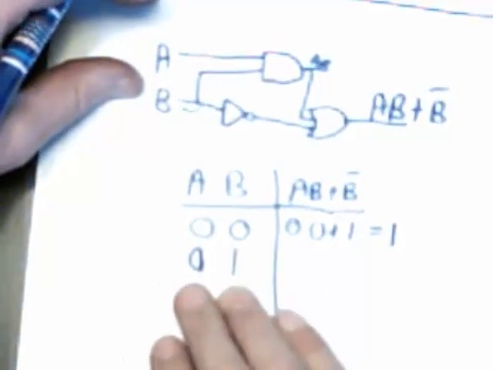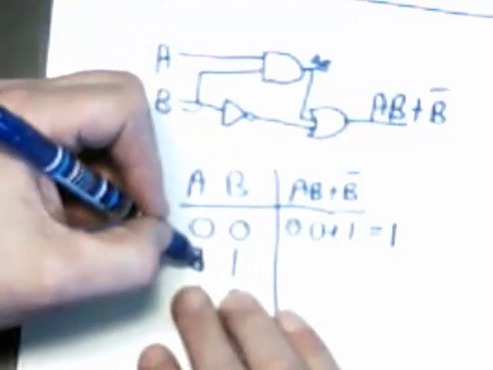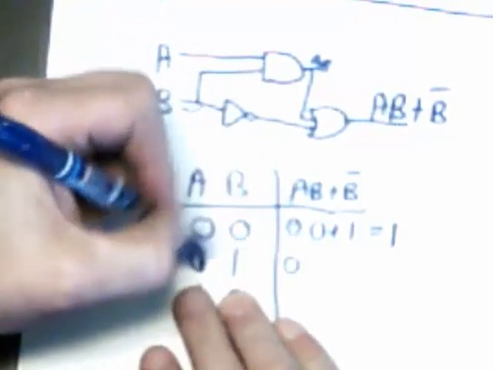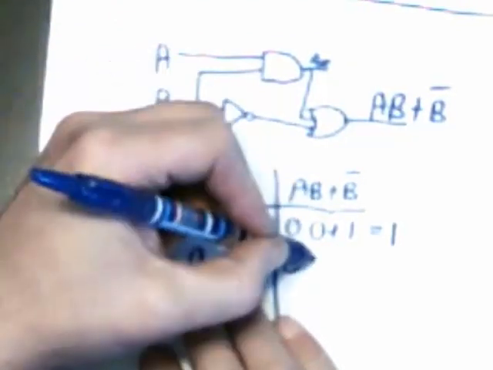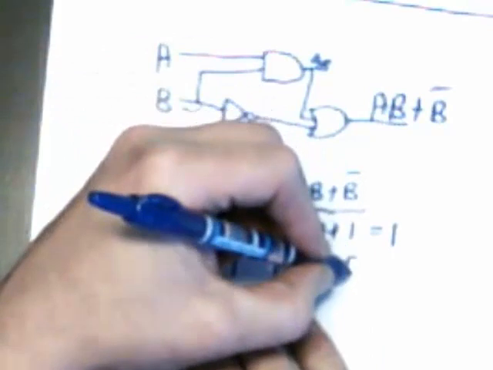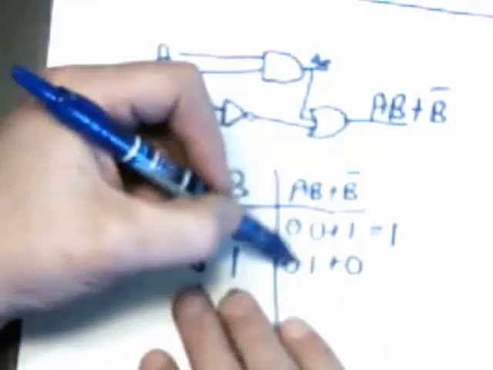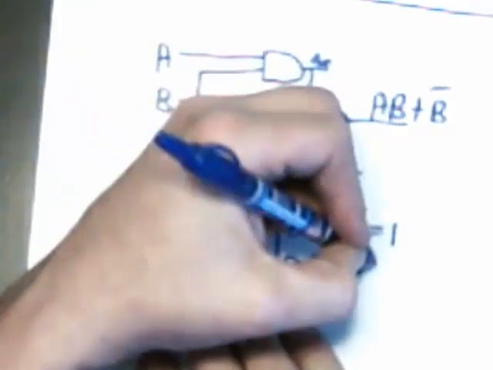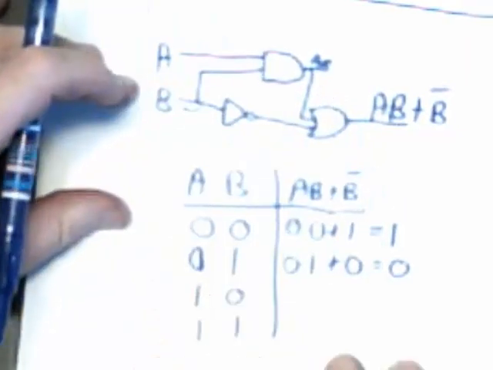Let's put 0 in for A, 1 in for B. 0 in for A, 1 in for B, plus 1 in for B, but it gets knotted, so that will be a 0. And I will have 0 plus 0, which is 0 as an answer.